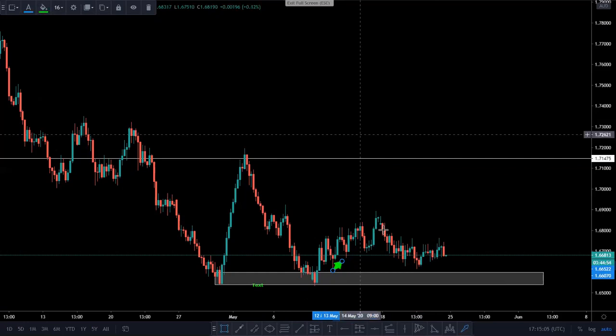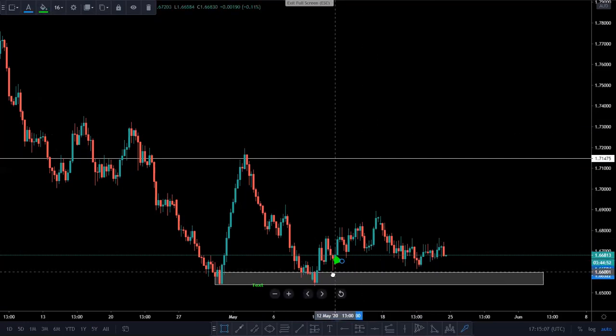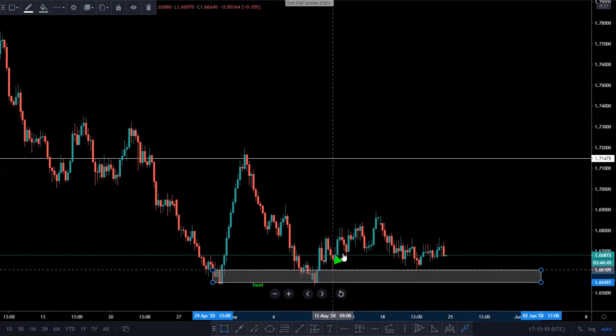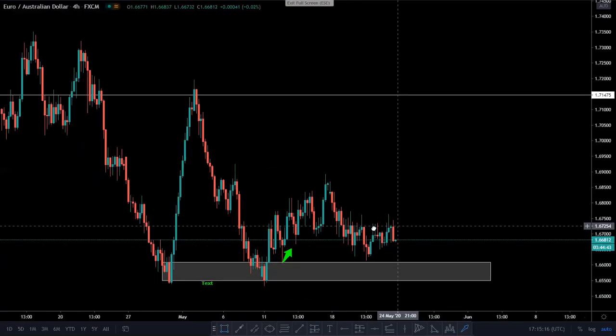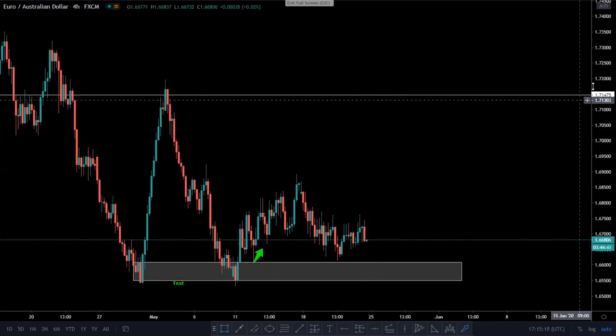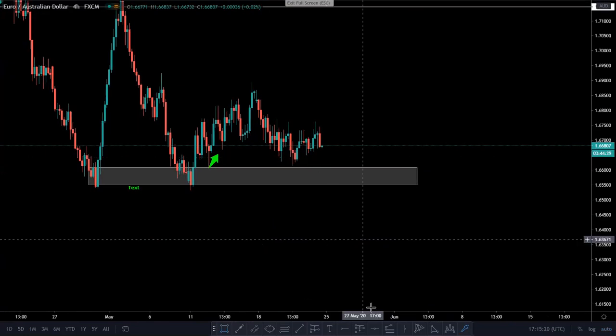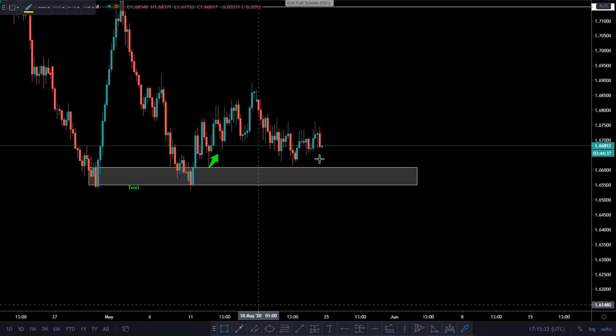Price will reject this zone more than once until the sellers overpower the buyers. When that happens, you'll see price break through.